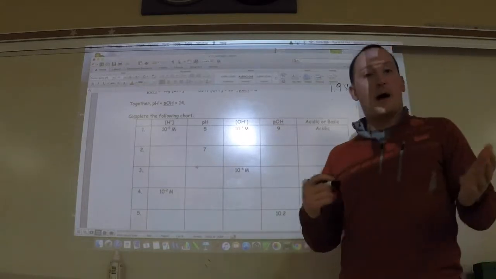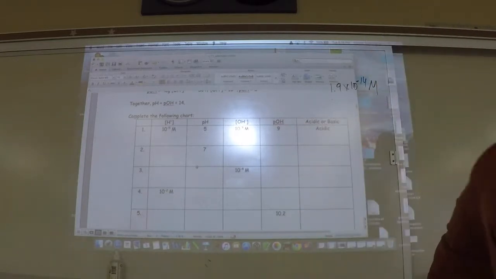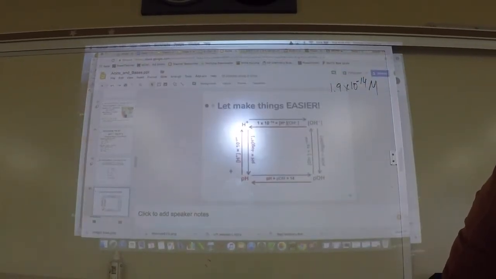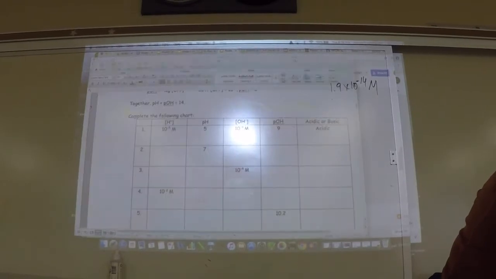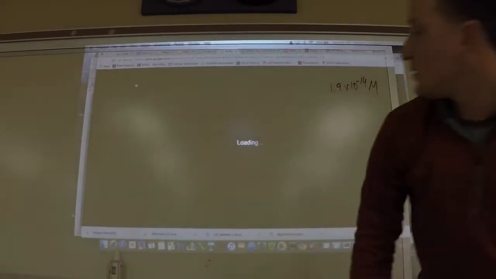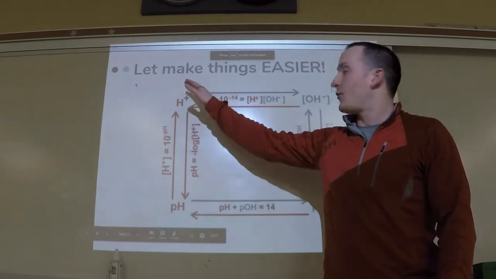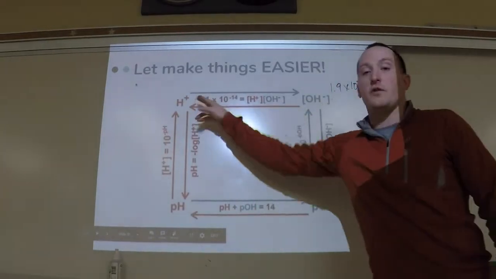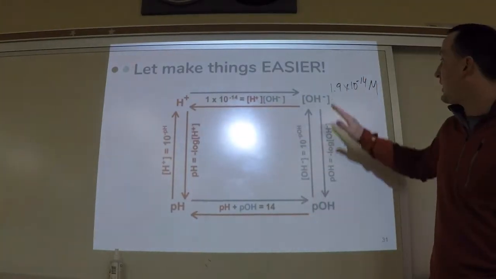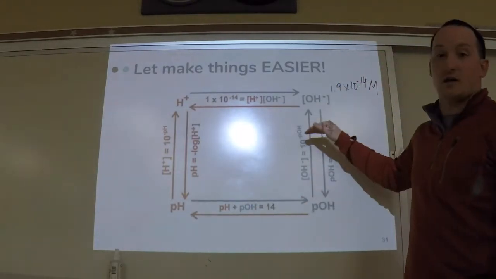Well, if you look back at your chart, if you rewind, you'll see that we are here at pH. And that problem asked us to convert to all of the other units. In other words, it wants us to find the H+, it wants us to find the pOH, and it wants us to find the OH-. So we're going to do each of these calculations.